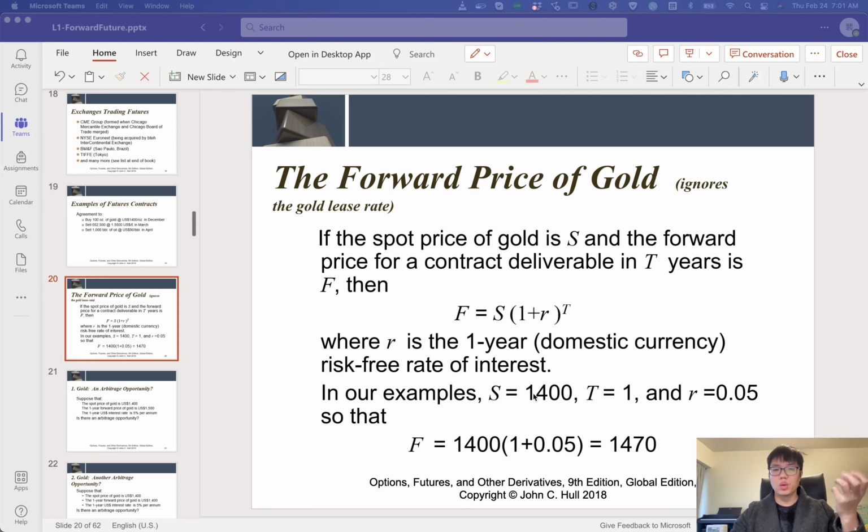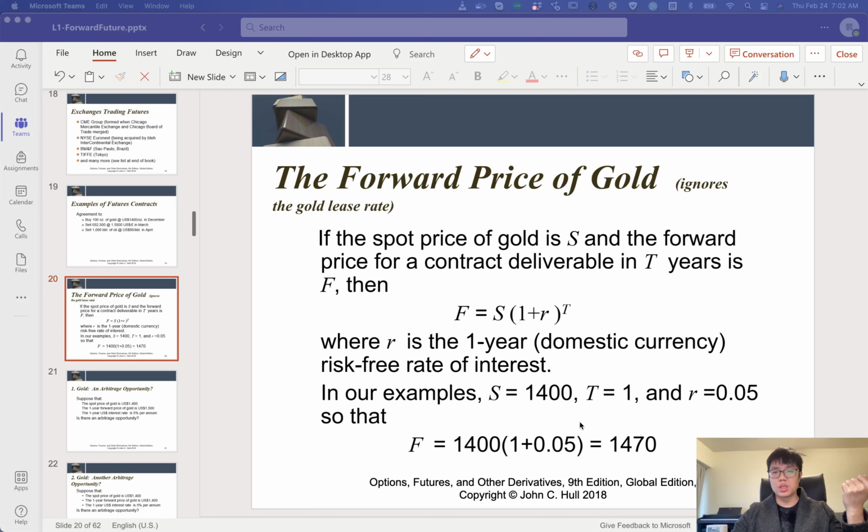So, I give you one example to understand. If the spot price is 1,400, T is 1 year, and R is 5%, we can have the relation between F and S like this. F equals 1,400 times (1 plus 0.05), to the power 1.